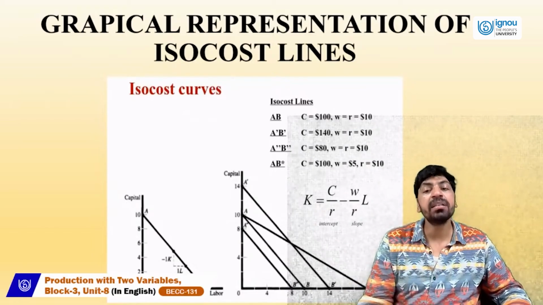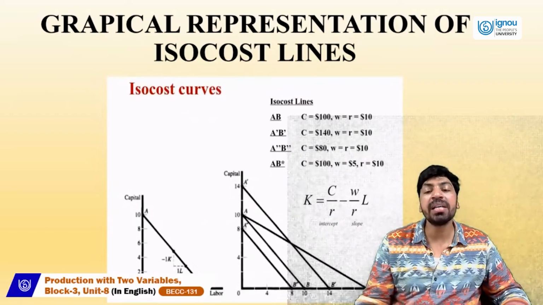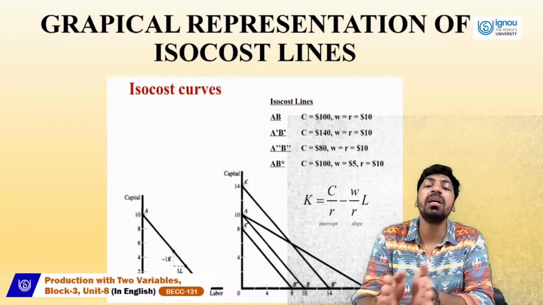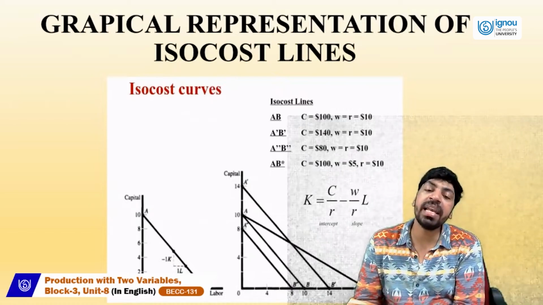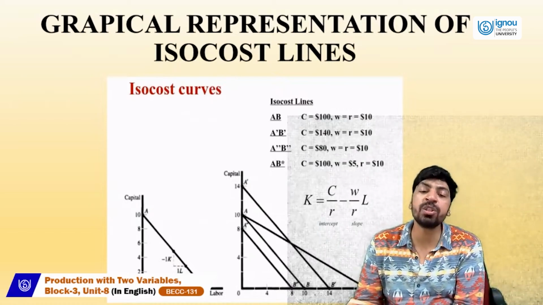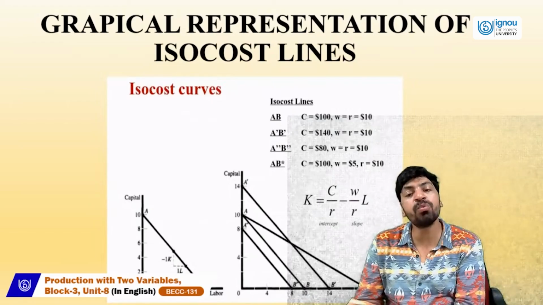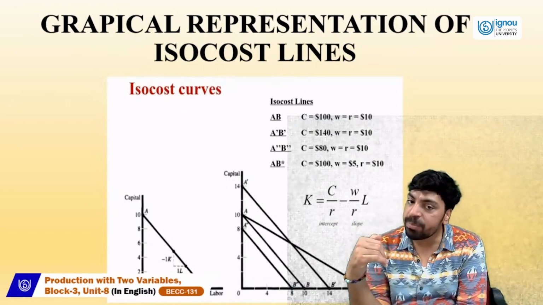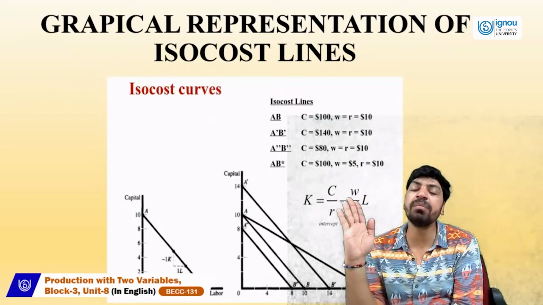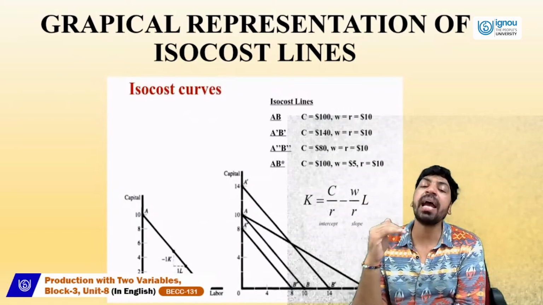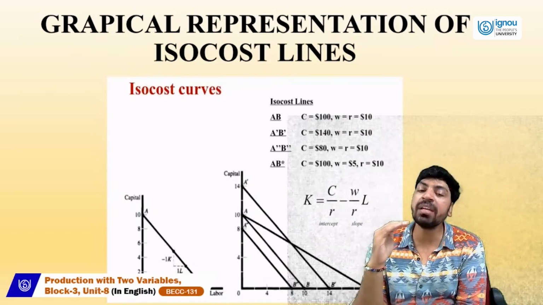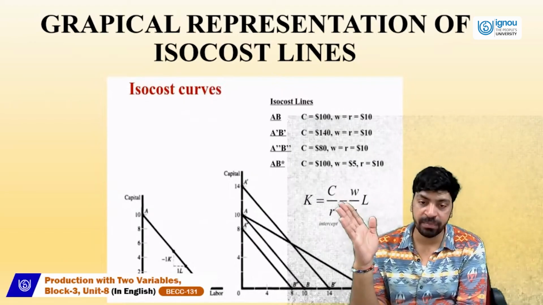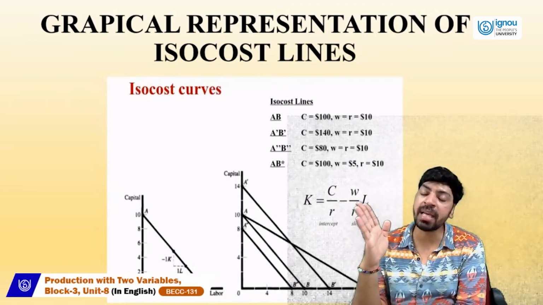As a result, the isocost line has a parallel rightward shift, which refers to AB dash. And when there is a decrease in the prices of any of the inputs, the isocost line will shift parallel to the outward side, or rightward side.